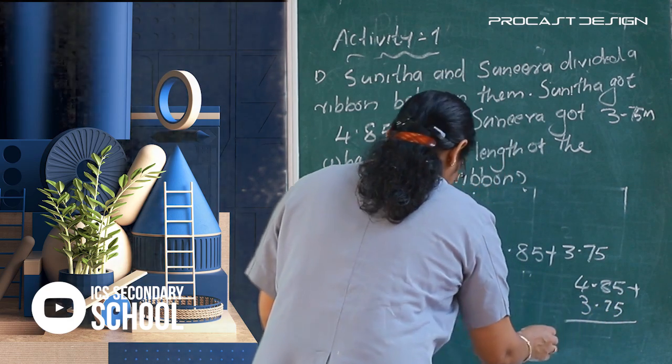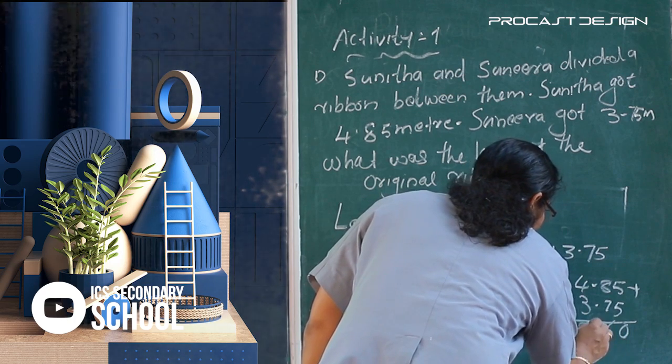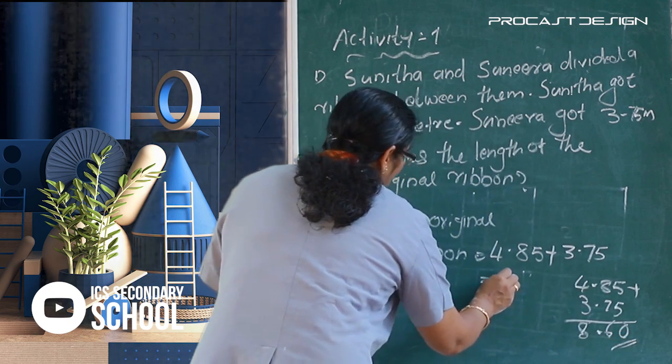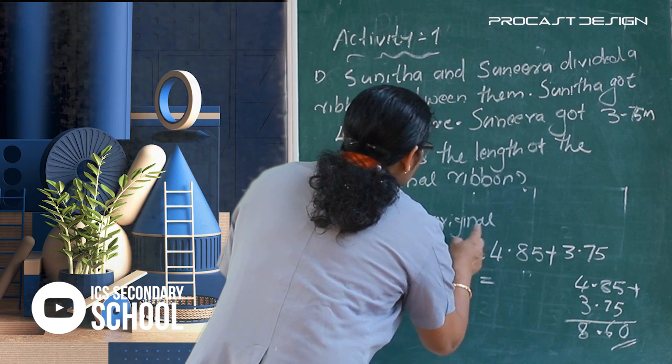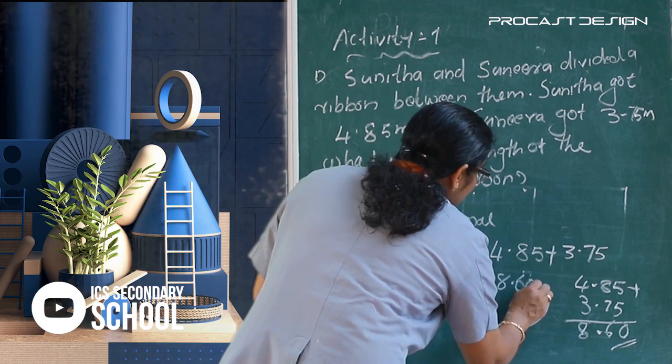Total length of the original ribbon is 8.60 meter.